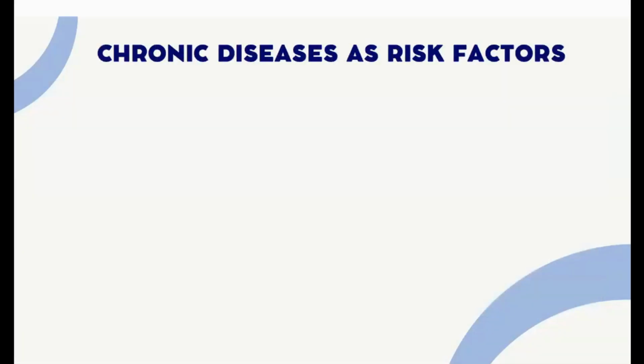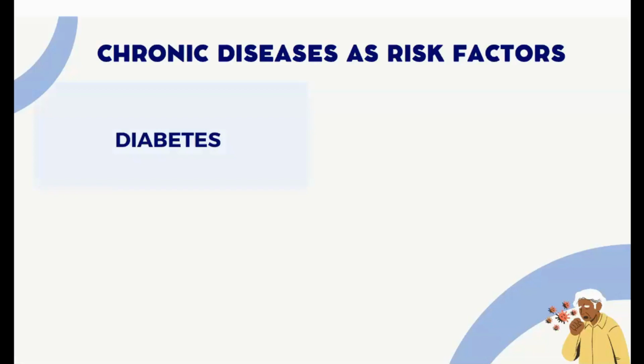An additional variable that is connected to seniors and oral health specifically is the relationship between chronic diseases as risk factors for poor oral health. So earlier we talked about how having poor oral health can actually make you more likely to develop diabetes and heart disease and other chronic diseases, but that relationship actually works the other way as well, wherein if you have some of these diseases, you're also more likely to then have poor oral health.